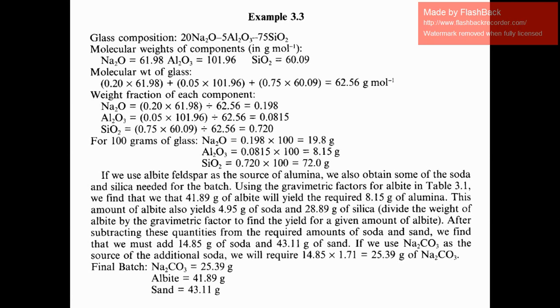How will we get it? Divide the weight of Albite by the gravimetric factor to find the yield for a given amount of Albite. So in this case you have to divide by that gravimetric factor, to which this 41.89 gram. If you want Na2O, then divide 41.89 by the gravimetric factor of Na2O.